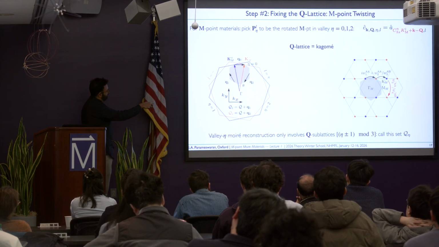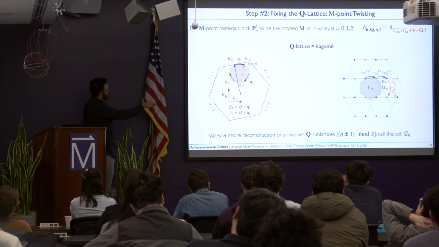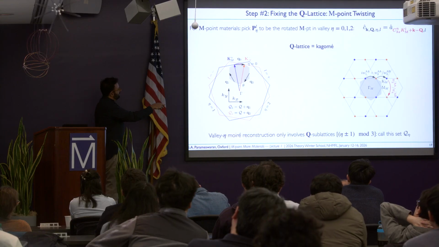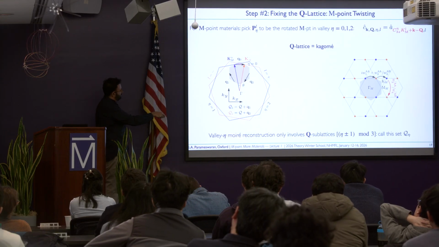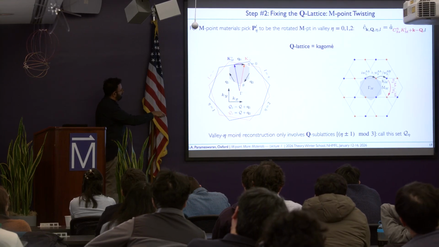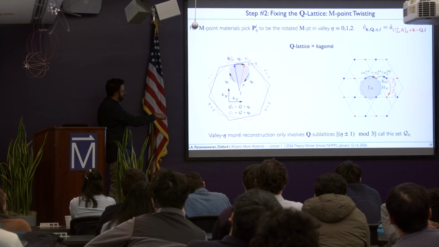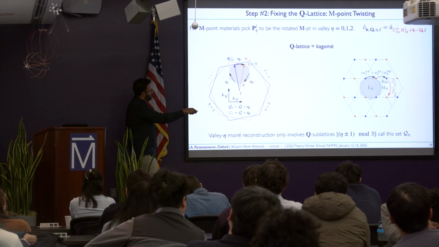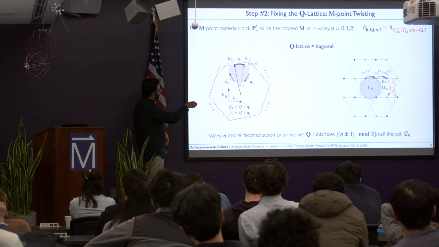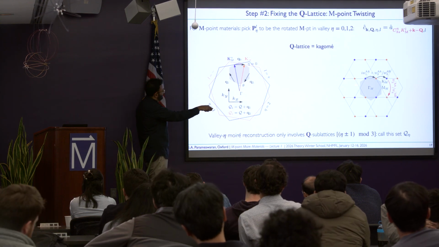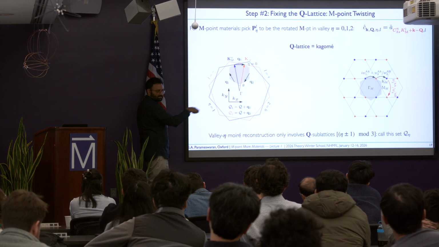Let me just do this for this valley. So this is the eta equals 0 valley. At the eta equals 0 valley, if you work it out, you'll see that the things that come in are the set Q plus Q1 and the set Q plus Q2. So the momentum space lattice for eta equals 0 will involve the blue and orange sites like this.